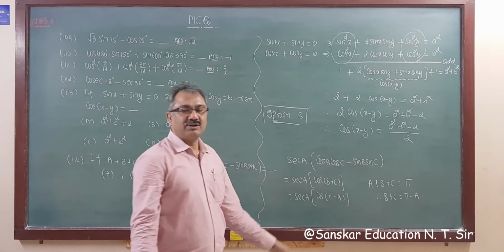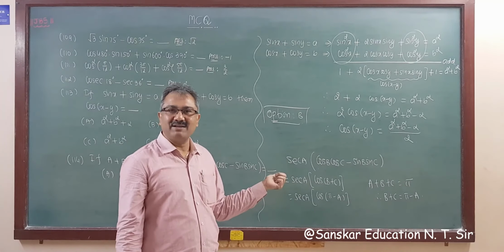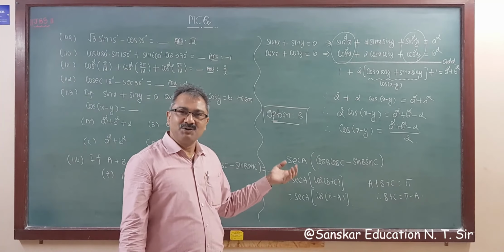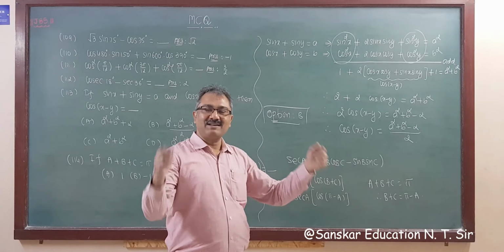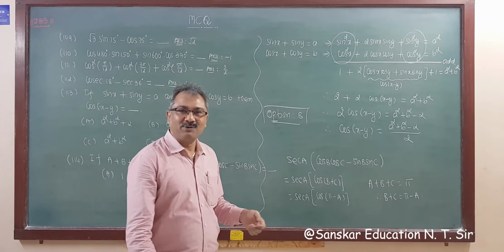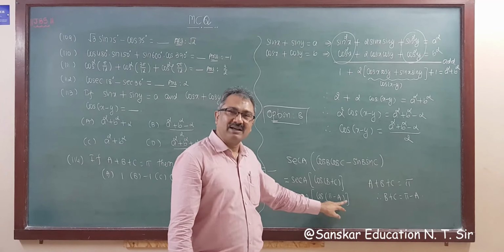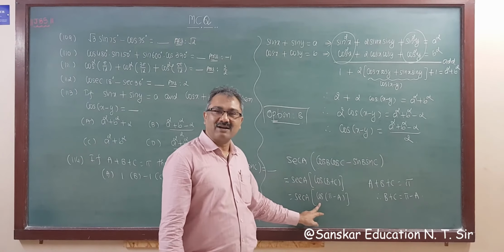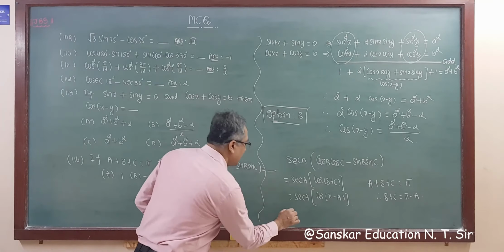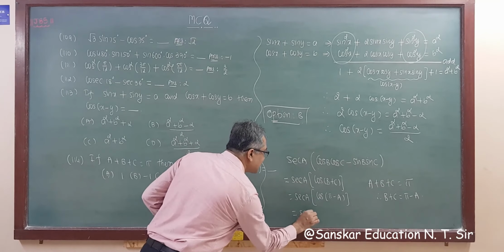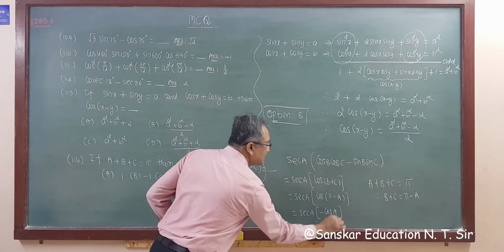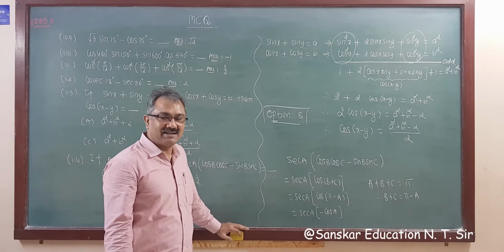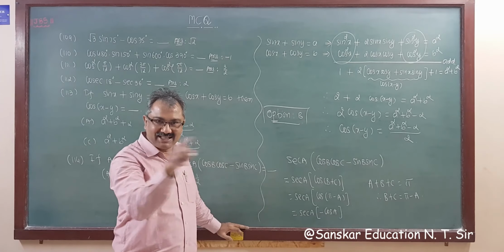As I told you, these cos pi minus theta and sin pi minus theta are useful formulas, and I have repeated that more than 5,000 times. So again pi minus theta is the second quadrant, in the second quadrant cos is negative. So the answer of this is sec A into minus cos A, because this is pi minus theta, full angle minus theta never changes x, right?